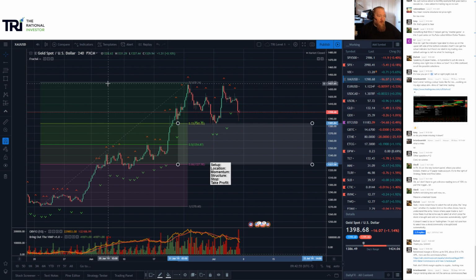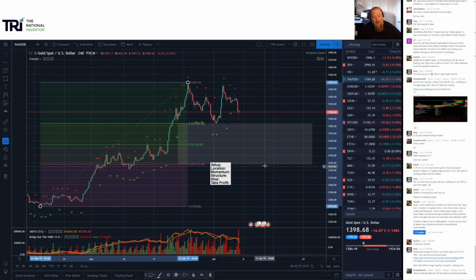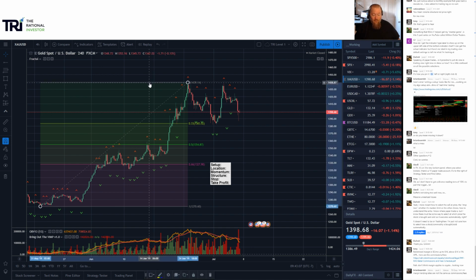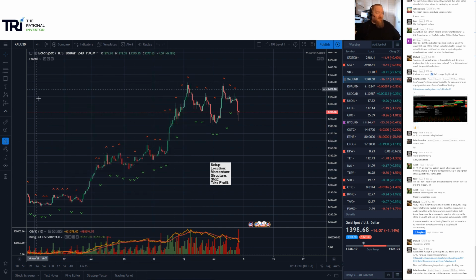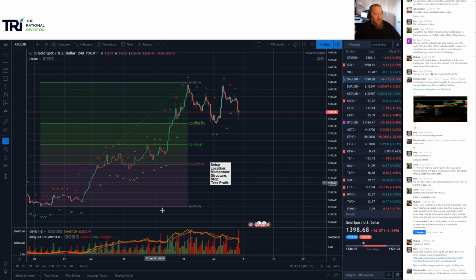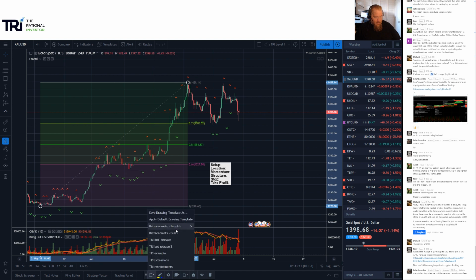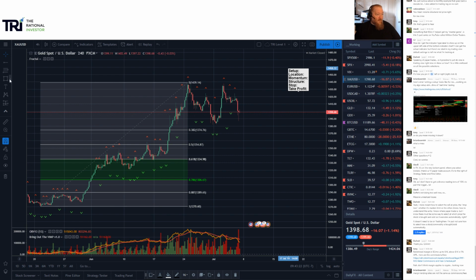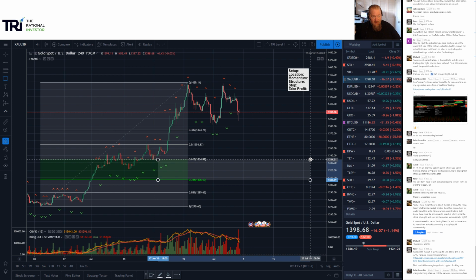Right. For a setup like the 3-step setup, you want your price to be in a previous move's reload zone, right? So previous move up, that's where we'd look at things like, well, if we were in here and, right, for that one, for the 3-step setup, you want to be specifically in that reload zone.